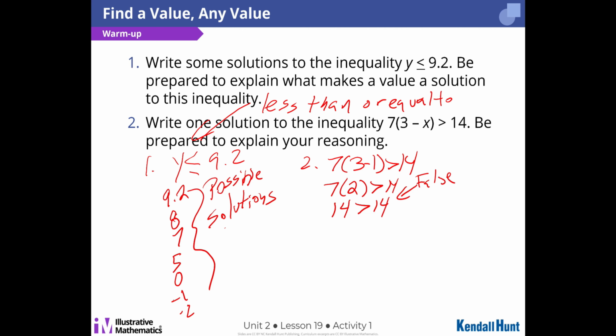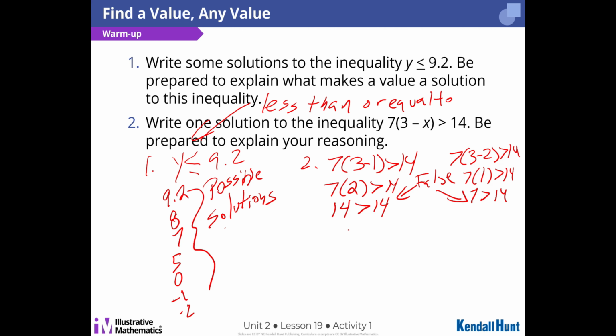So if we picked a bigger number, let's say 7(3 - 2) is greater than 14, that's 7 times 1 is greater than 14, or 7 is greater than 14, which again is false. We want to go the other direction, so any number less than 1.